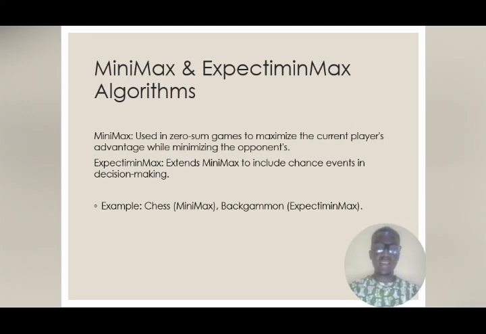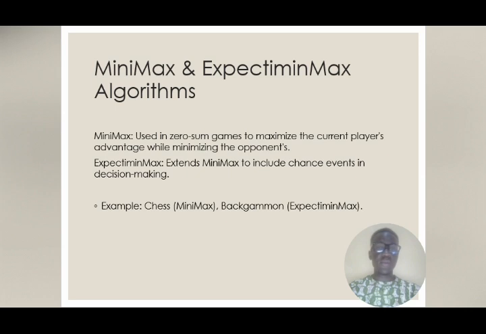So it predicts the current player's moves and the best possible outcomes of the opponent, and aims to maximize the current player's advantage while minimizing the opponent's possible gains. That's especially used in chess.